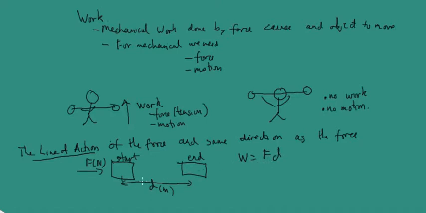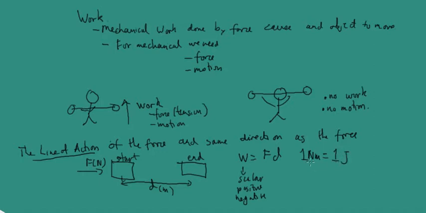We can also think of the distance as the same as displacement, but work is a scalar quantity. However, it can be positive or negative. If you look at the units of force and distance, work is going to be measured in newton meters, but in SI units, we call 1 newton meter the same as 1 joule.